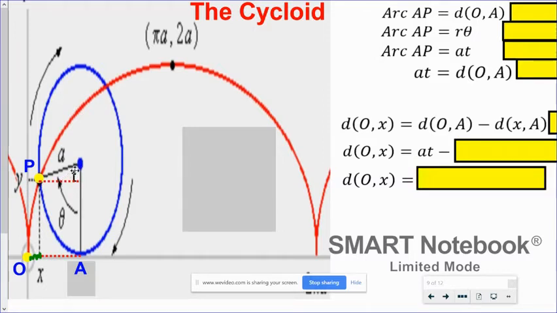So the sine of angle t is the opposite, which happens to be the same as X to A, over the hypotenuse, which is side A. The sine of angle t is this unknown over A, which means if I solve for this unknown right here, I get that it is A times the sine of t.